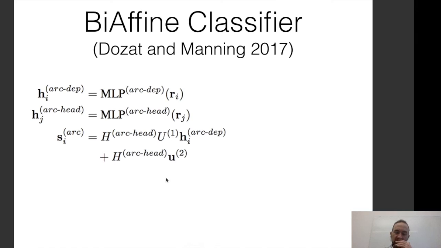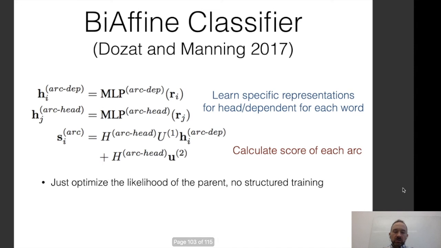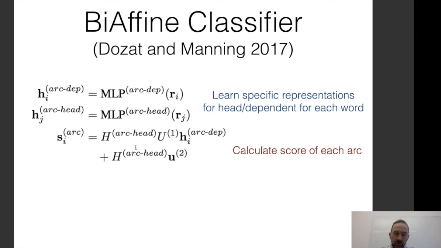The way this works is we have representations of the words, and we calculate the representations of the words with respect to their representation when they're a dependent or their representation when they're a head. This is important because each word might play a different role when it's acting as a dependent or a head. Then we calculate the score of each arc, where we have two ways of scoring the arc.